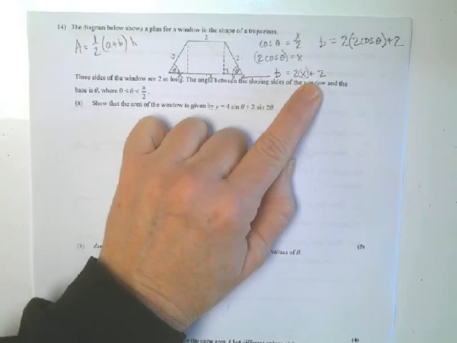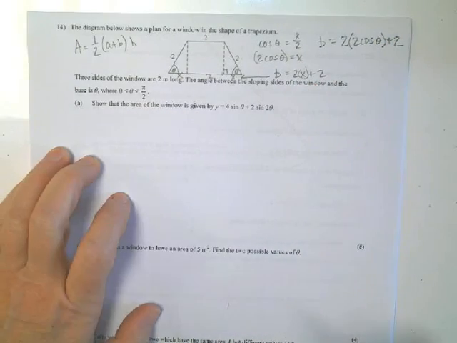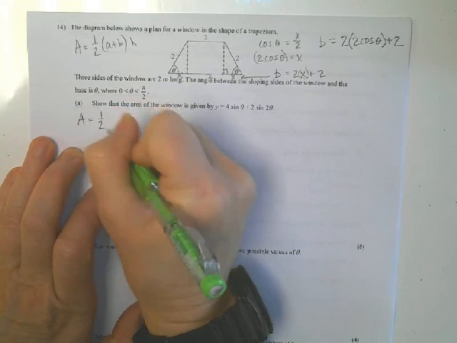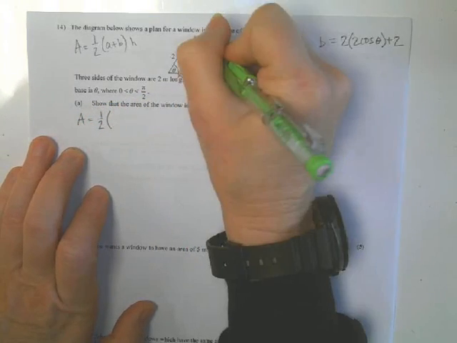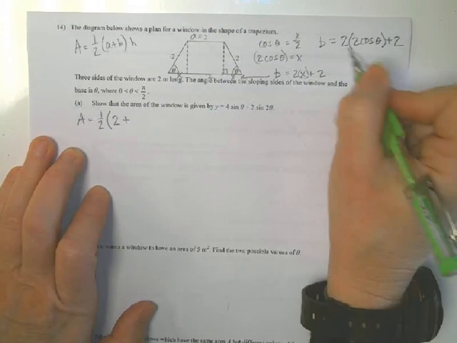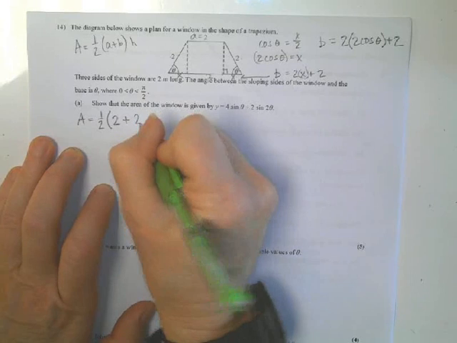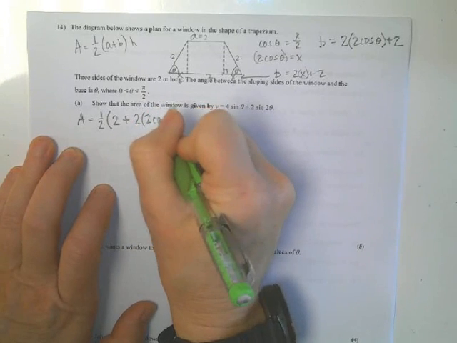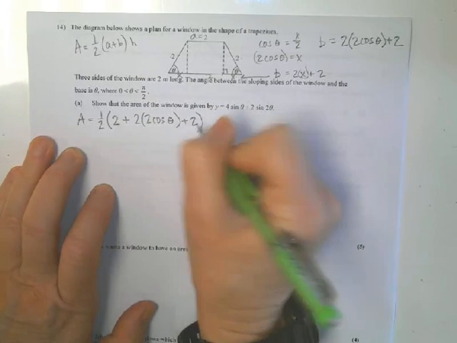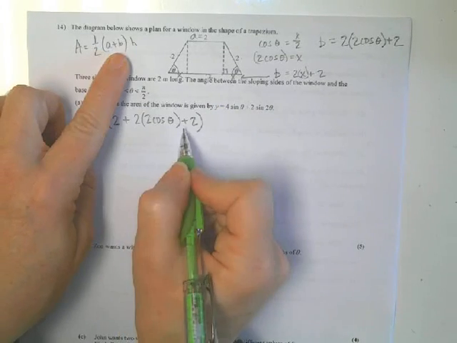So there's my bottom base. So let's see what I've got so far. Area is equal to 1/2. A is this side, so that's easy, 2, plus B, this was the hard side, that was 2 times 2 cosine theta plus 2. Okay, so I've got my A, I've got my B. Oh, now I need the height.